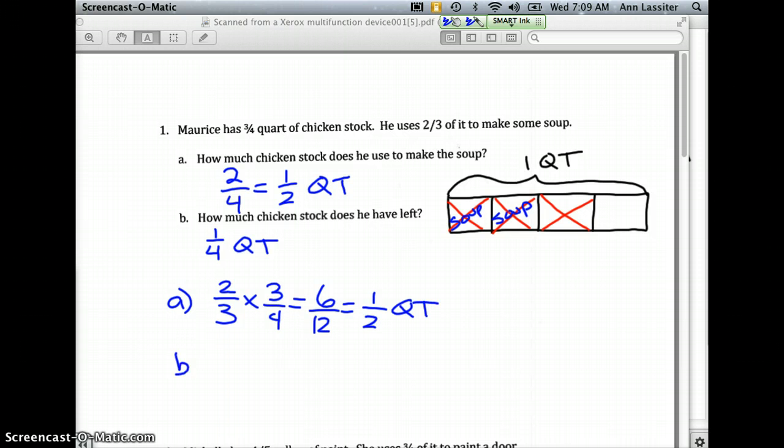And then the second one says, how much chicken stock does he have left? Well, he uses 2/3, so he has 1/3 of what he started with left, so that equals 1/4 of a quart. And you can see that the answers are the same, and one is just setting up a fraction problem, and one draws a picture to represent the problem.